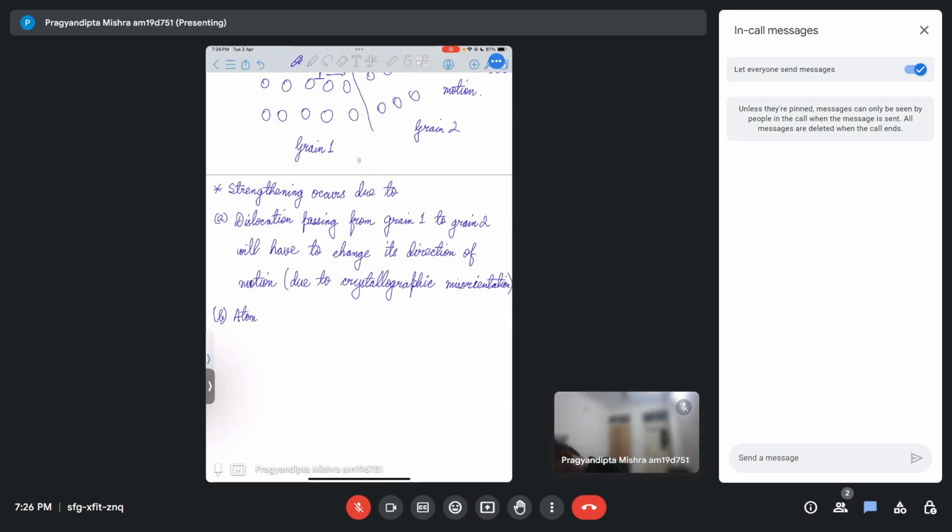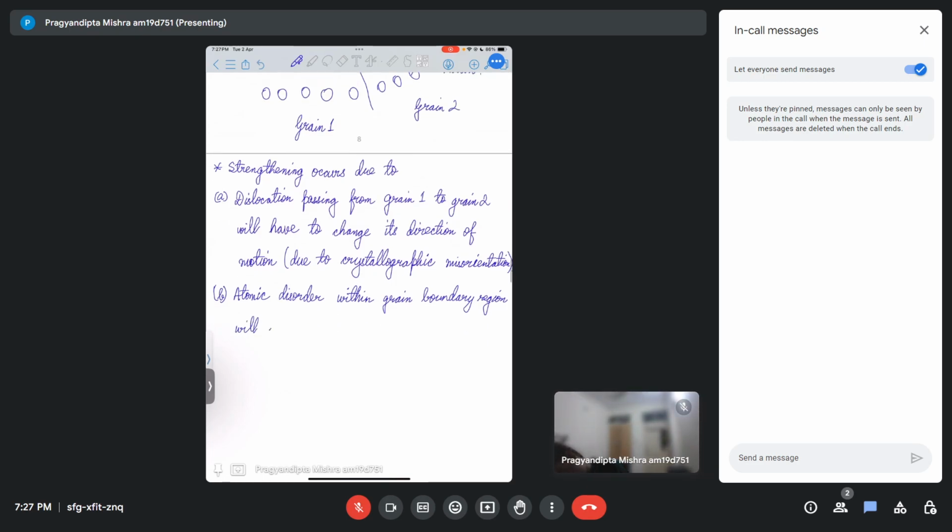So atomic disorder within the grain boundary region will result in discontinuity of slip plane from one grain to another.